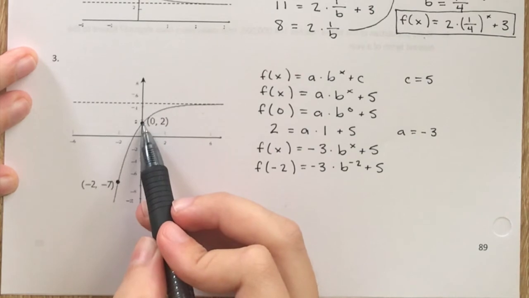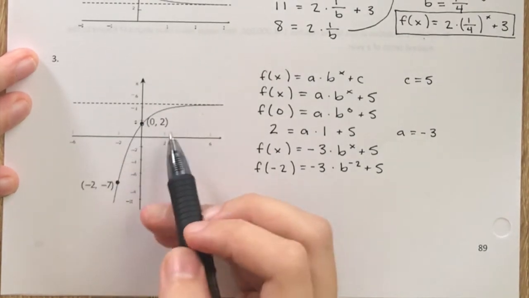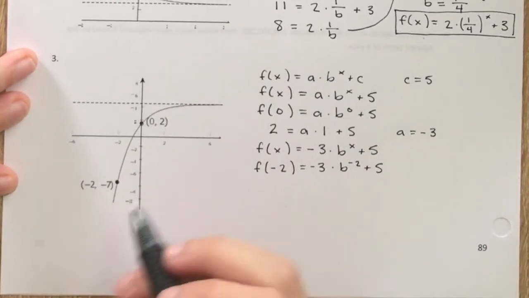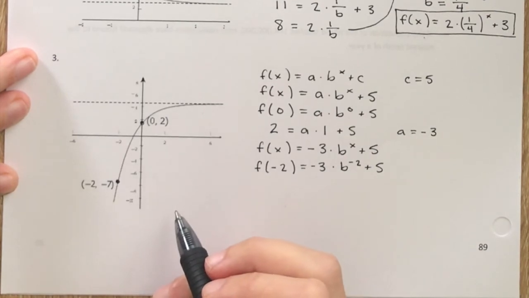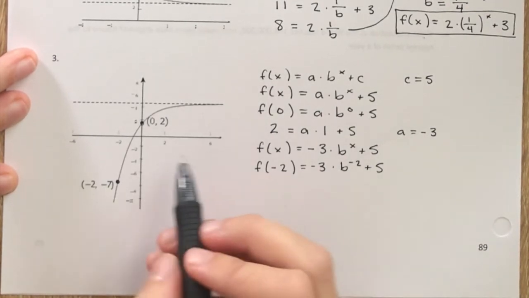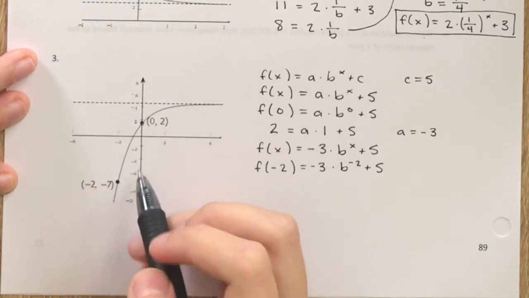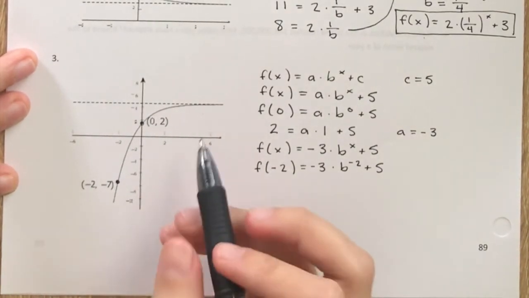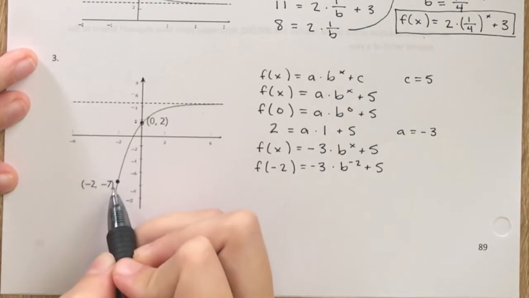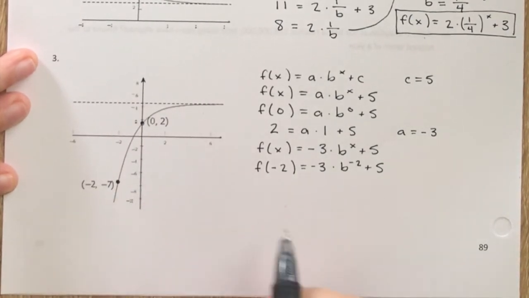It's not a great idea to estimate, because sometimes it's really close but not exactly where you're estimating. Sometimes you will have to pull something from the graph, maybe an x-intercept or whatever, but if you're given a point, you should go ahead and use that point.